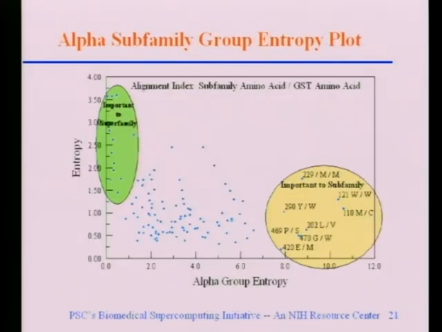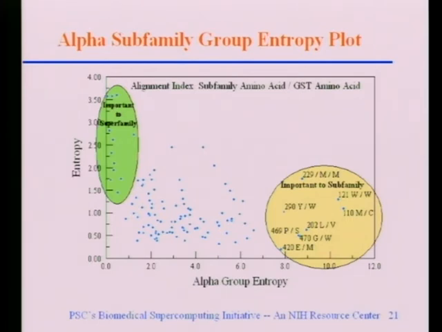We're going to present the results in two-dimensional plots like this, where things that are important for the entire family will show up in this part of the plot, things that are basically uninteresting down here in this quadrant of the plot, and out here in this quadrant of the plot we'll have some positions that are important to a particular subfamily.